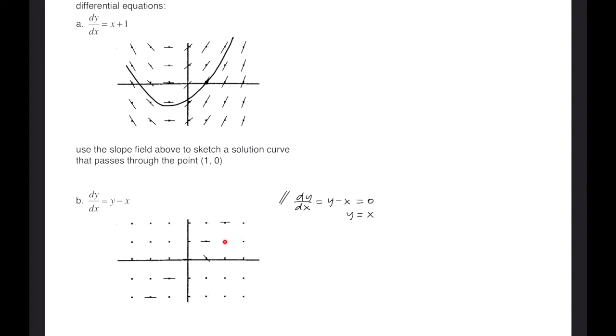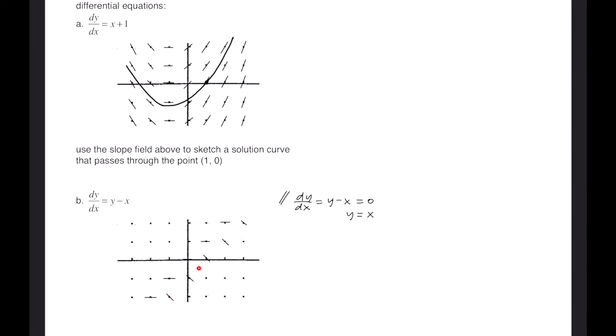This point right here, the coordinates are (2, 1). So if we plug them in, we get 1 minus 2, and that makes negative 1. So also slope of negative 1. This point right here is (3, 2), same thing. 2 minus 3 is negative 1, and you have slope of negative 1. So all along this line, we have points with slope of negative 1.